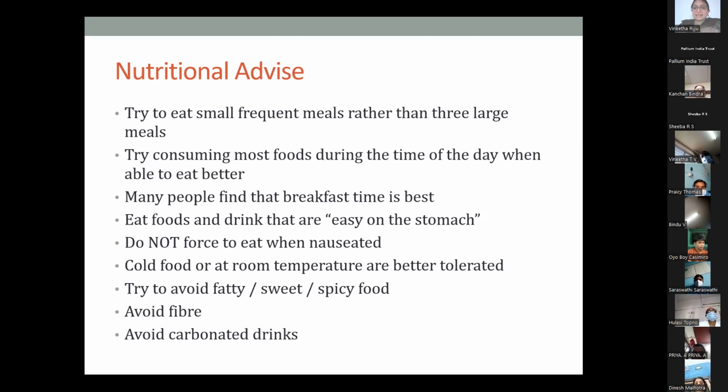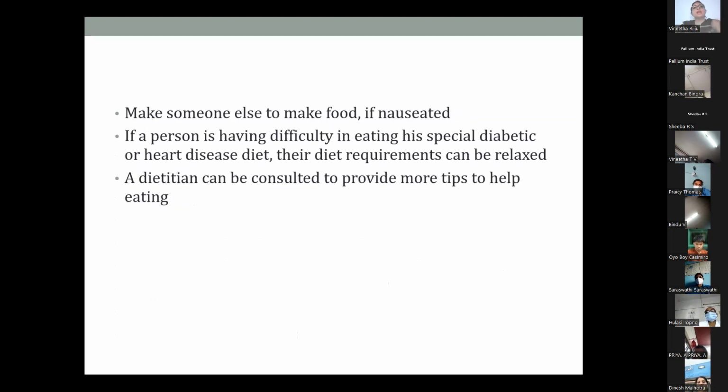Maybe there is a reason. Constipation could be one reason which is causing the nausea and vomiting. So giving the patient a heavy meal with a lot of fiber can probably aggravate the situation. And also avoid carbonated drinks. And if the patient is having to make food by himself or herself, it would be nice at this point to ask someone to help because cooking their own food can make them nauseous.